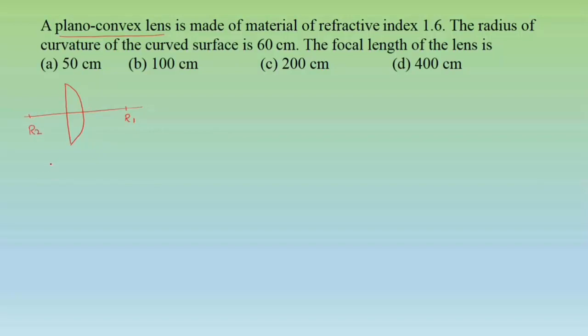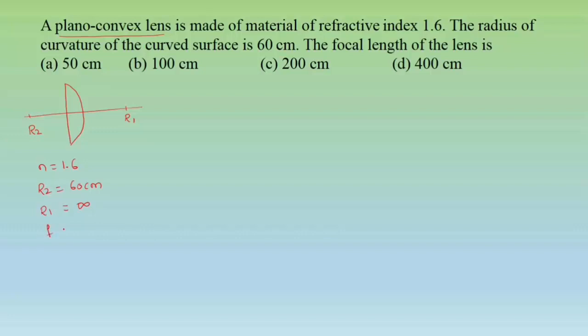So R1, R2 values are given. The refractive index of this lens is n equal to 1.6. The radius of curvature of the curved surface, that is R2, is 60 centimeter. The radius of curvature of the first surface, which is the plane surface, is infinity. Remember, a plane surface has a radius of curvature at infinity, so R1 equal to infinity.